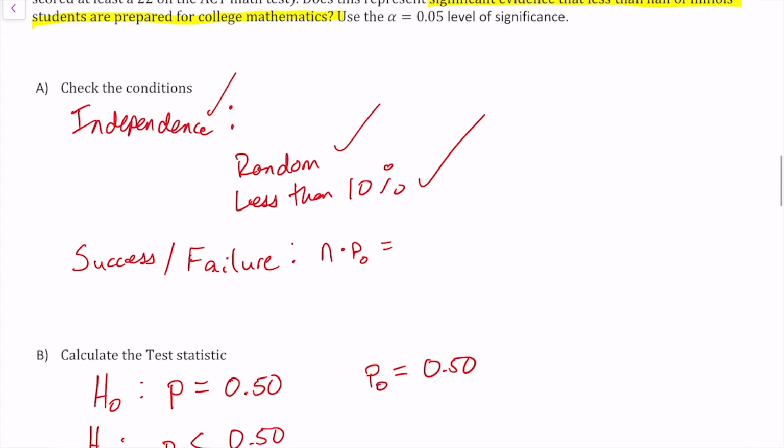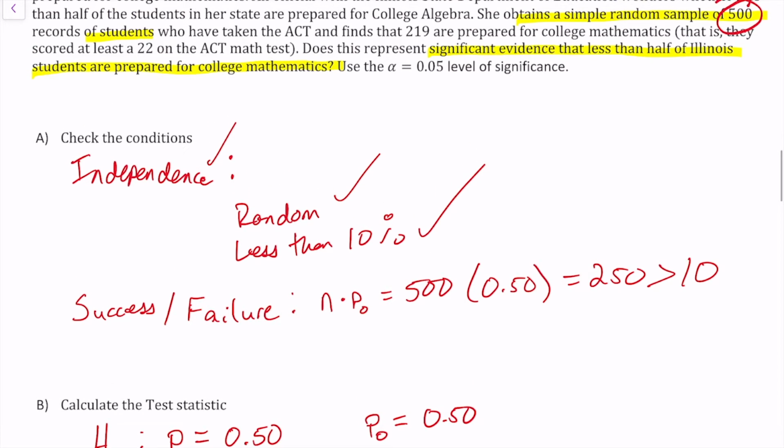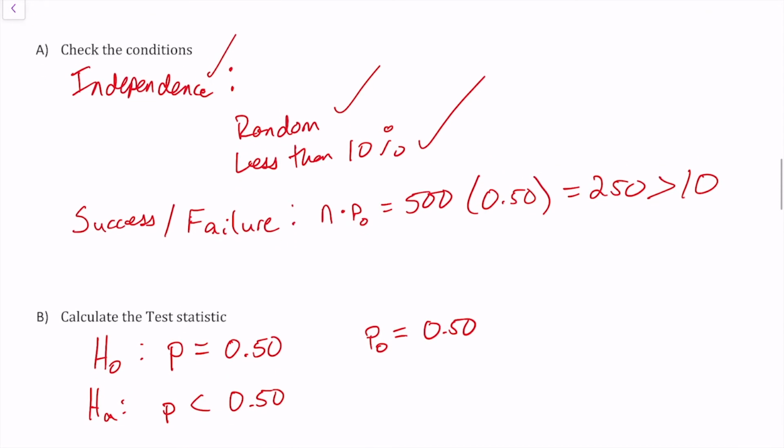So it's going to be 500 times P naught, which we already said was 0.50. Now I don't need a calculator for that. I know that's 250, and I know that's certainly bigger than 10. So that means we have 250 successes based off of that P naught condition.